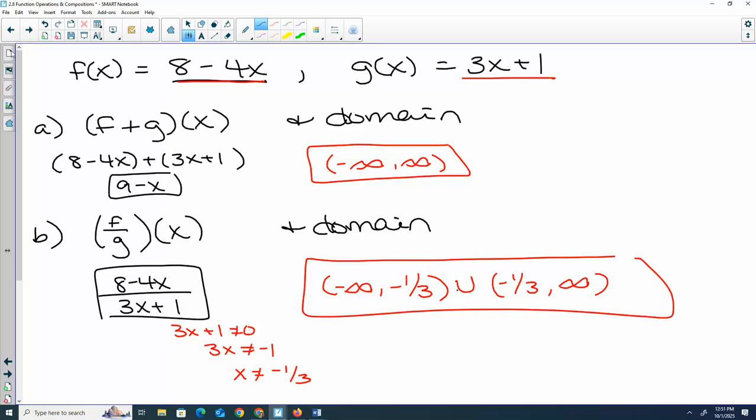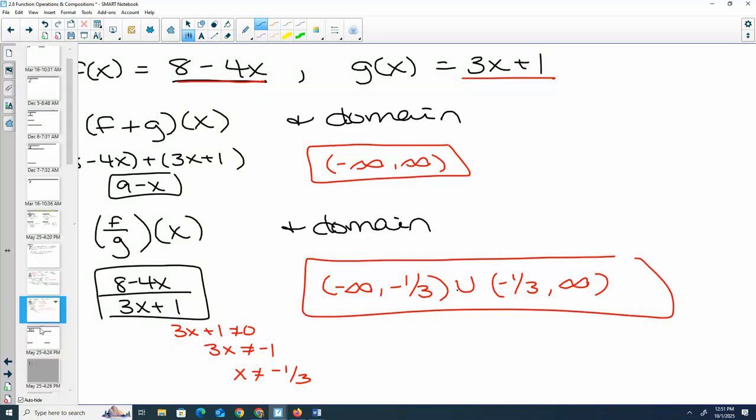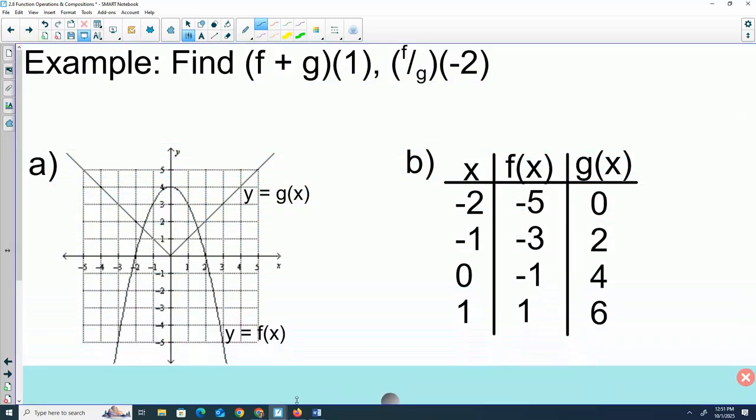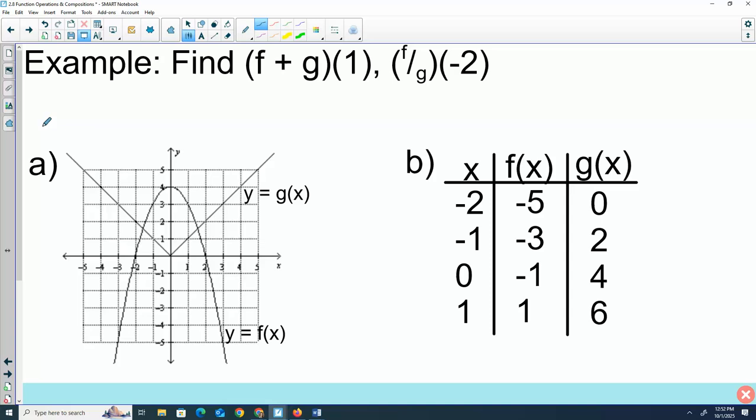I want to make sure you can evaluate functions from a graph as well. So, for each of these, we're going to do f plus g of 1 and f divided by g of negative 2. So if I want f plus g of 1, that means f of 1 plus g of 1. Remember, we practiced this when we first talked about functions. We practiced evaluating them from a graph.